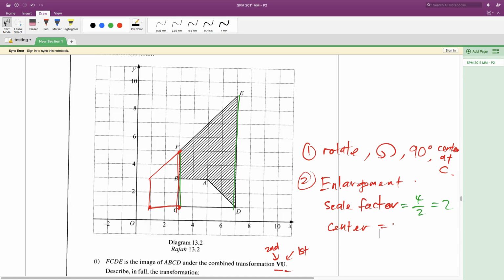In order to find the center point, you need to connect your point to the corresponding point, and then you find the intersection. This is what I mean.